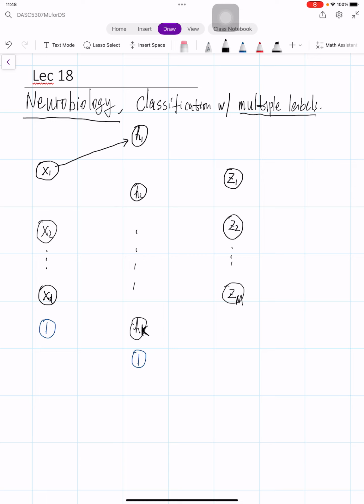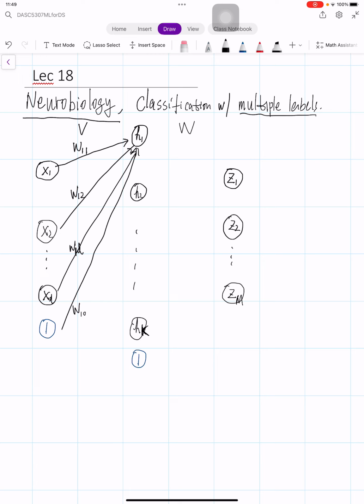For example, you have the weights; we call this weight V, and we call this weight W. Each hidden layer node is a linear transformation of the inputs: the weight from the first input node, the weight from the second input to node 1, and so on, plus the bias term.